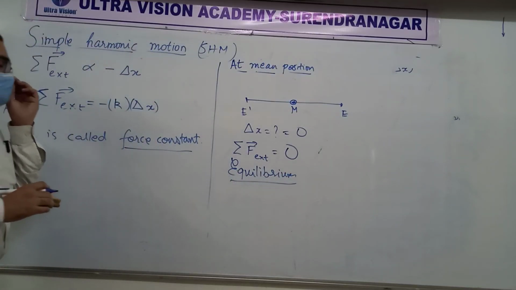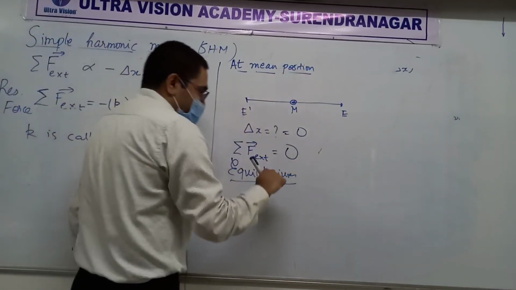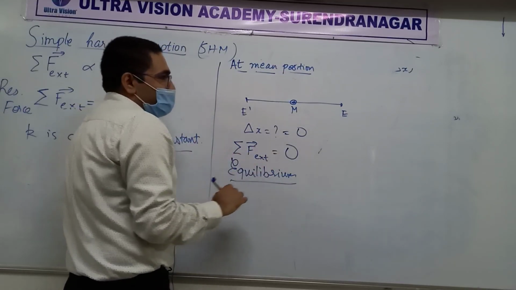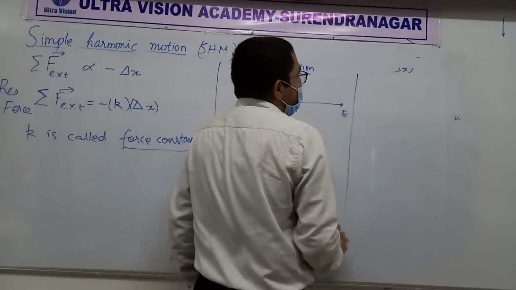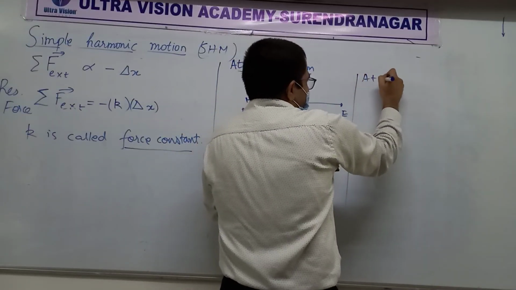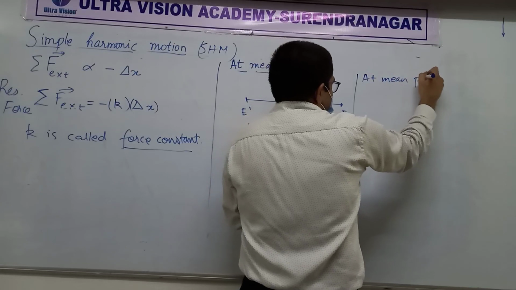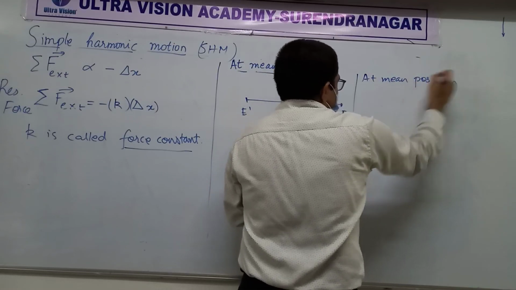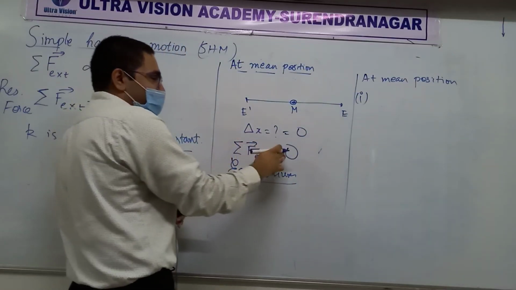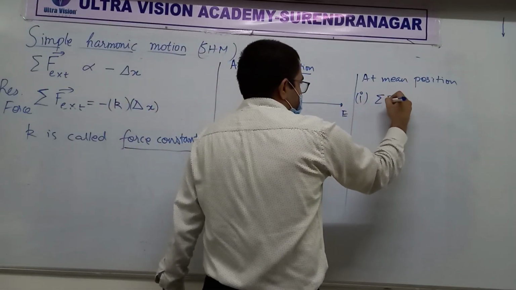Not only that, you can of course also say that acceleration is 0. So let's just write it. Let's summarize about mean position. So at mean position, following things happen. Number 1, total force is 0.